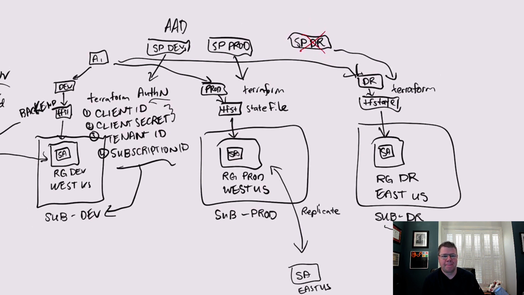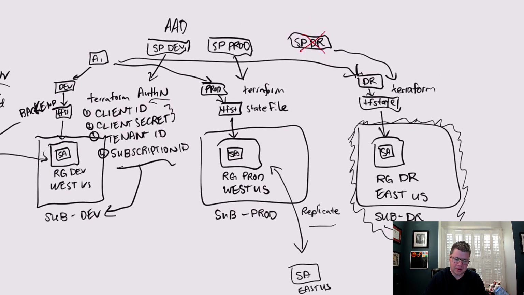So that's another technique. DR doesn't even necessarily have to have a hot path deployment of its own subscription and its own resource group. You could just set up replication of your Terraform state file. In this case, the DR state file would go to the prod storage account, but you would use this replication technique to back up your state files to the DR region.